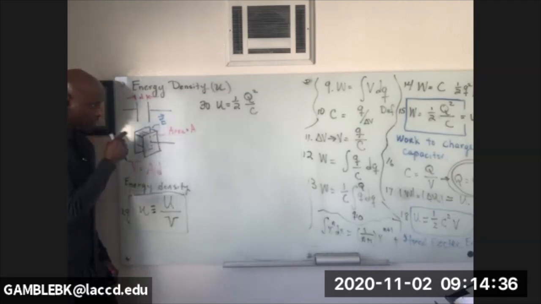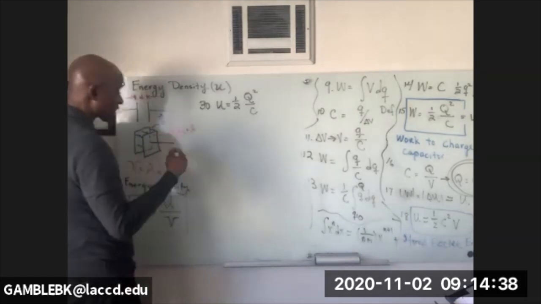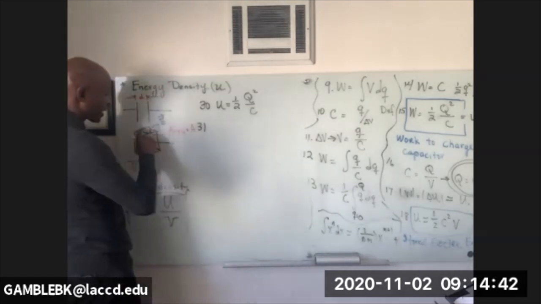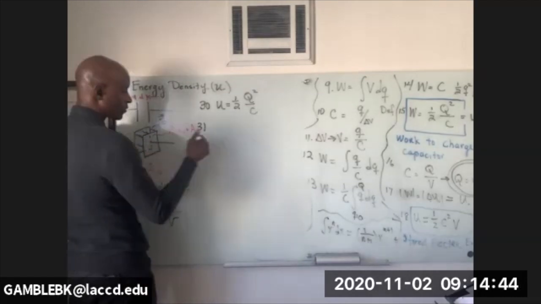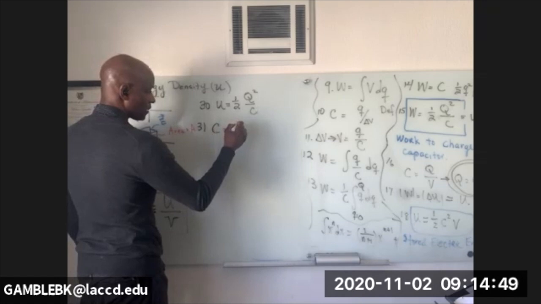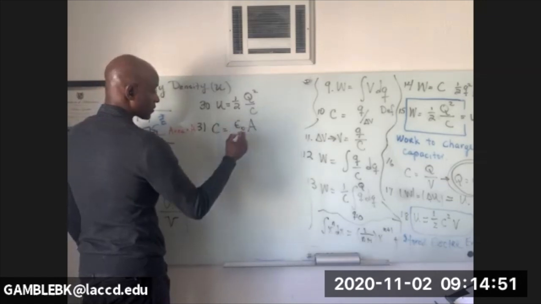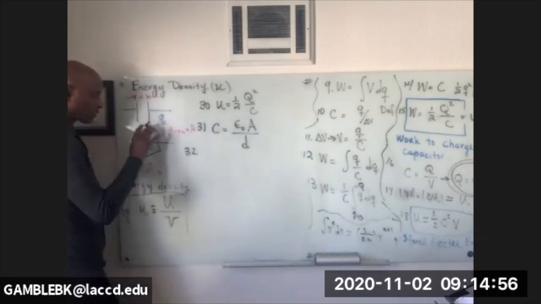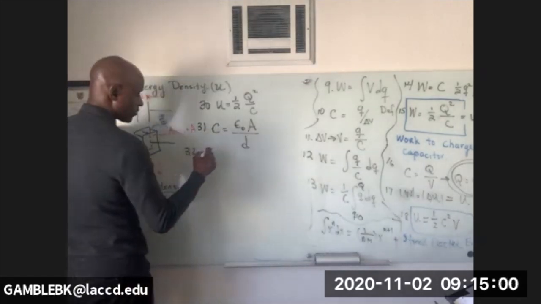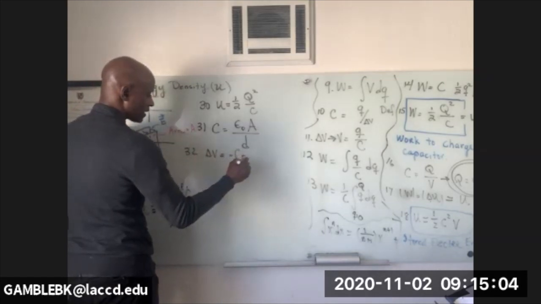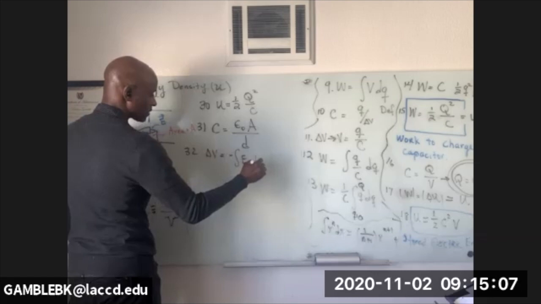We said that the capacitance is a purely geometric quantity, so that for a parallel plate capacitor, the capacitance is equal to epsilon naught times the cross-sectional area divided by D. But we also know that the relationship between the potential difference and the space is delta V equal to negative integral of E dot dL or dx.